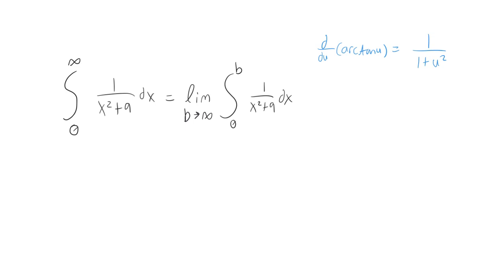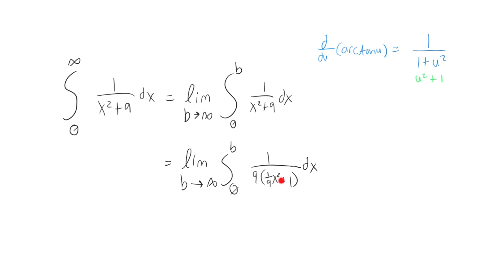I'll rewrite the bottom so it says u squared plus 1, because that's more in line with what's written here. Now, the trick is we have to essentially force this 9 to be a 1. To do that, we could rewrite the entire situation with a 9 factored out on the bottom, and that would therefore be 1/9 x squared plus 1.